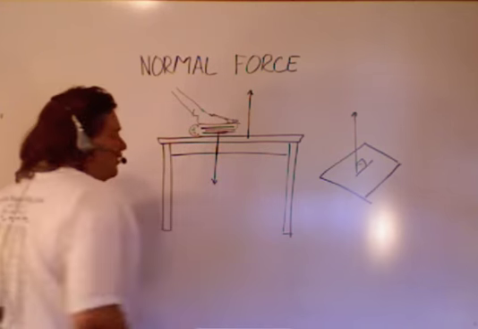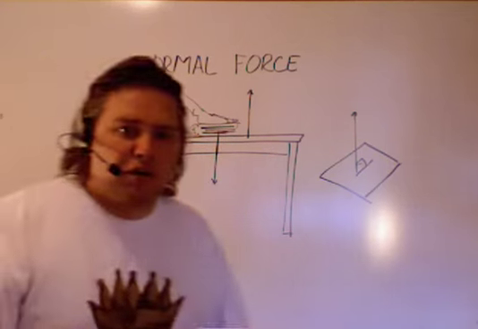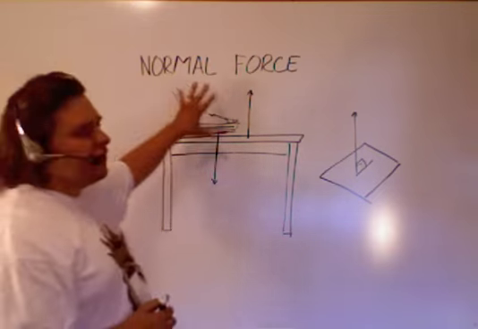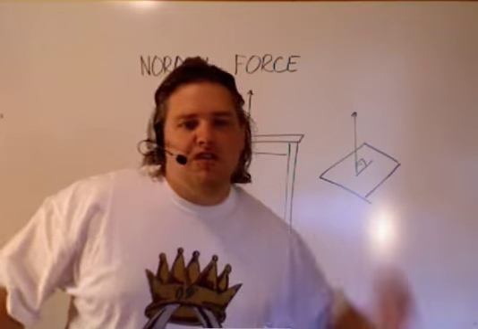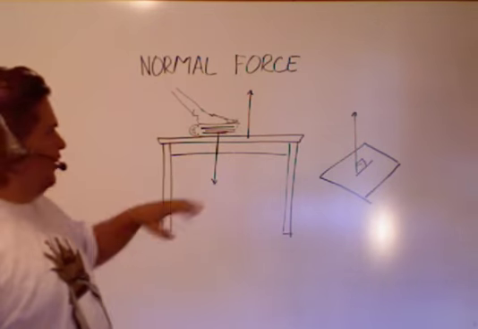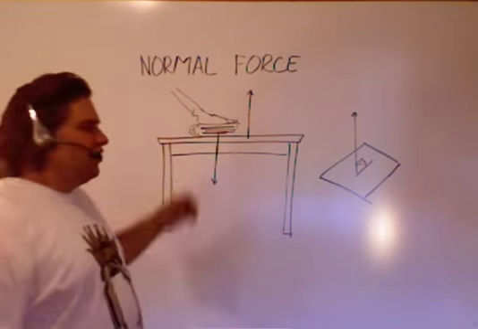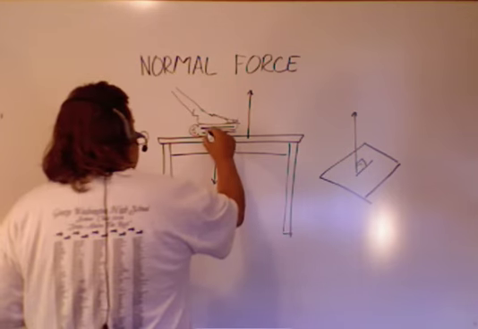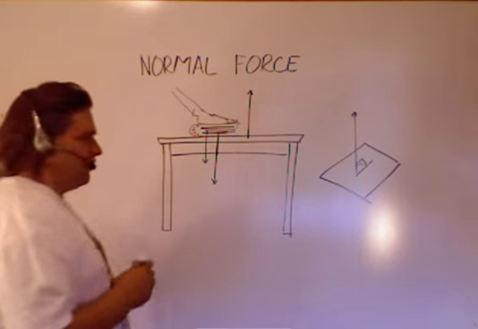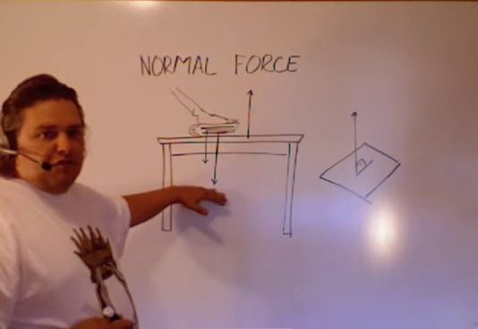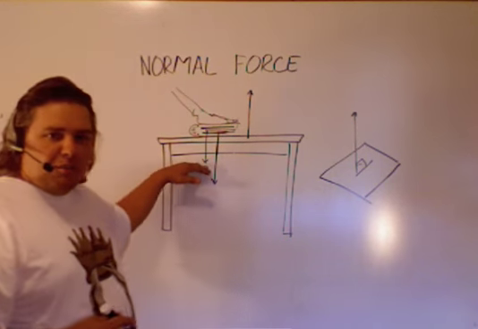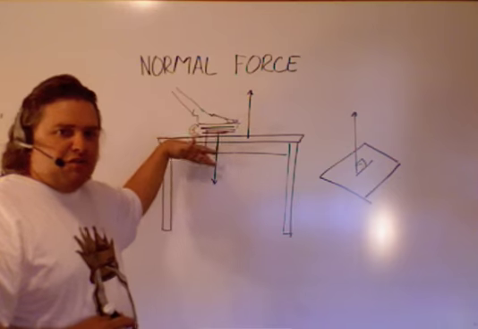Here's my hand pushing down again on that book. Now it's not the weight of the hand that's pushing down. It's just that I am going to use some muscle and shove that book into the table. So I'm applying more force. Well, the force that's applied down may be something like this. So I have the force of the weight of the book itself, the force of gravity, and this additional applied force that's pushing the book even further down.